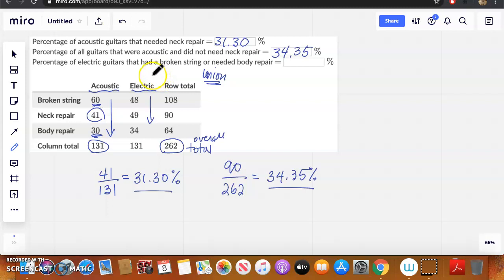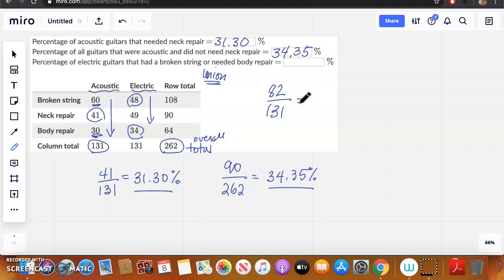So electric guitars that had broken strings, so this, or needed body repair here. Okay, so we have, so 48 plus 34, that gives us 82. So 82 guitars, you add these two up, out of 131.